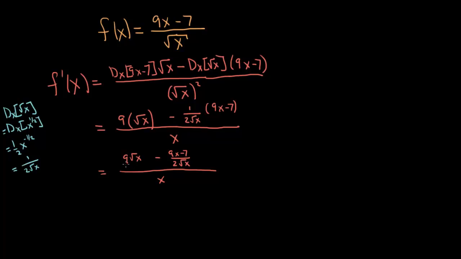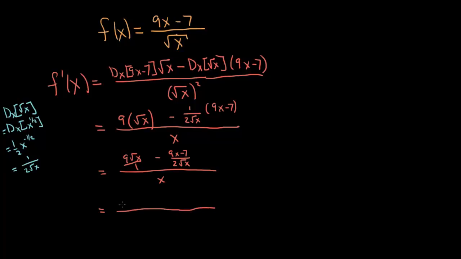So think about this as being 9 square roots of x over 1, and we will need to get a common denominator. The common denominator is 2 square roots of x. So multiply this fraction by 2 square roots of x divided by 2 square roots of x.